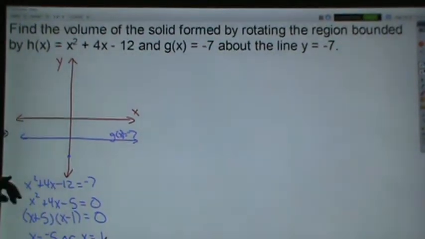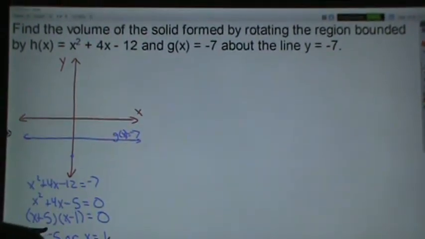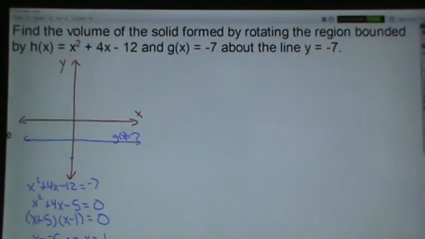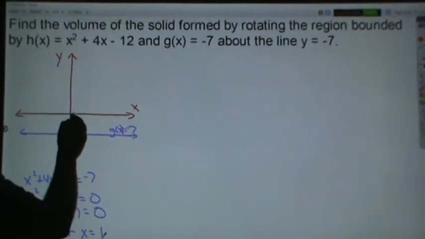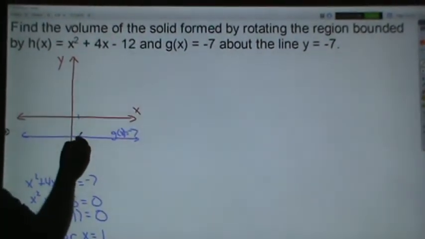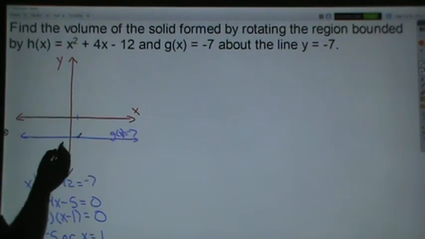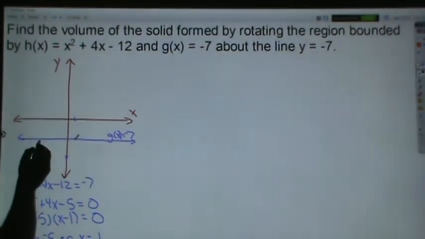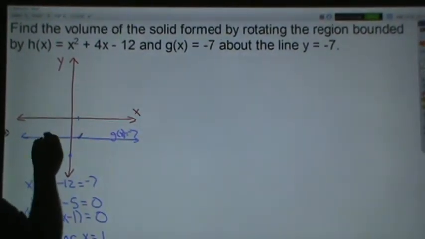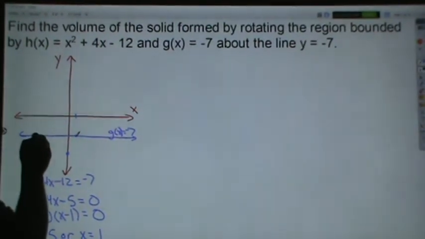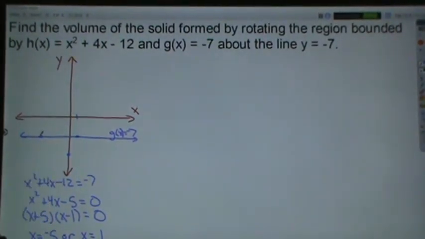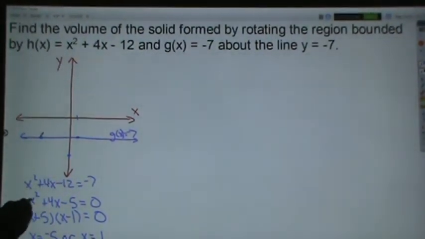What that means is that these are going to intersect at the x values -5 and 1. So if I go to the right, just 1, I'd hit right here. If I go to the left, all the way over to -5, maybe over here, I'm going to get that intersection.